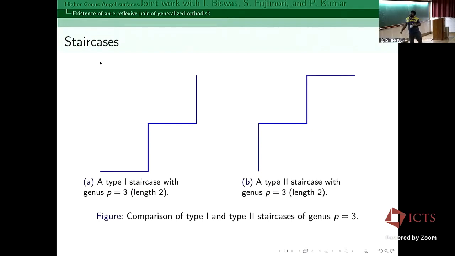These shapes are called staircases if the initial angle for this is pi by 2 and the end angle is pi by 2, and for this 3 pi by 2. We also assume that these staircases are symmetric about the line y equals -6. Further, we define the length of the staircase: for a genus P staircase, we have P minus 1 blocks. So these are called staircases.